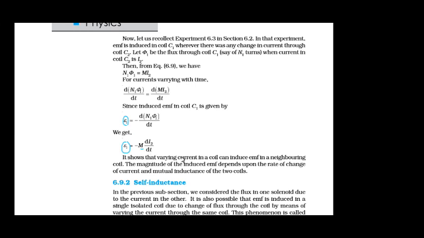It shows that a varying current in a coil can induce EMF in the neighboring coil. The magnitude of the induced EMF depends upon the rate of change of current and the mutual inductance of the two coils. So this is a very important relation.